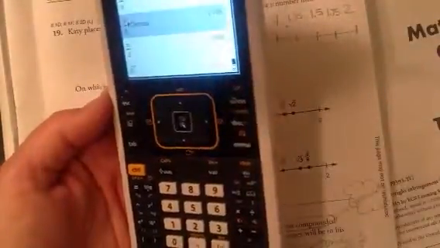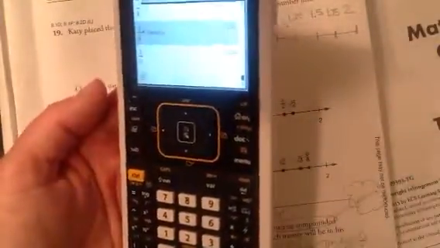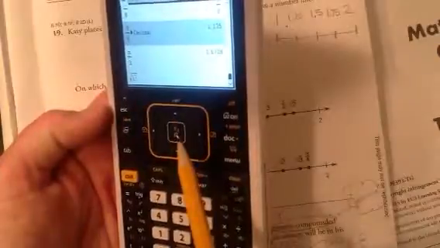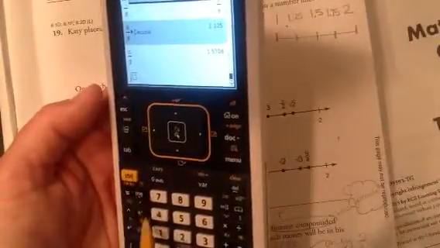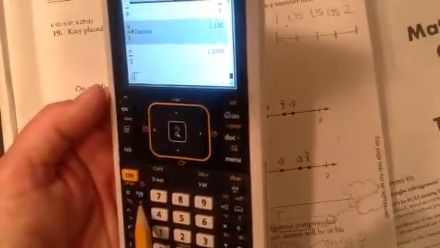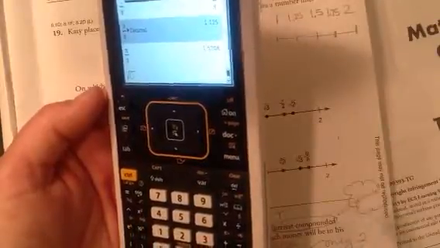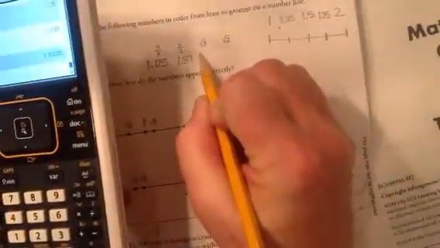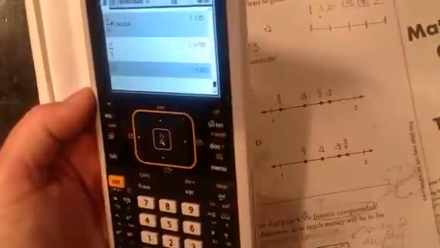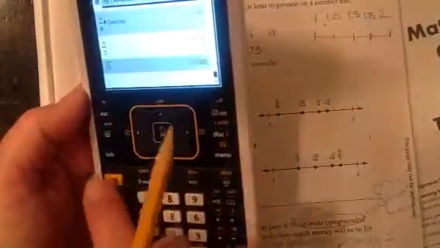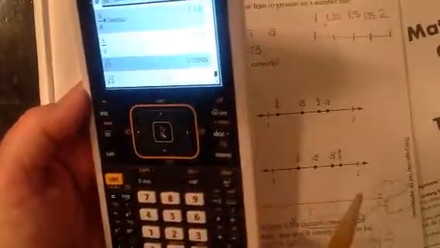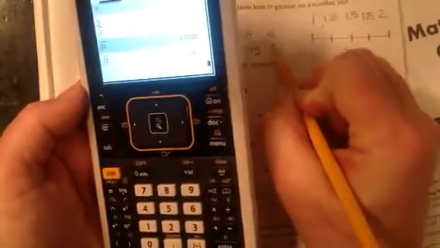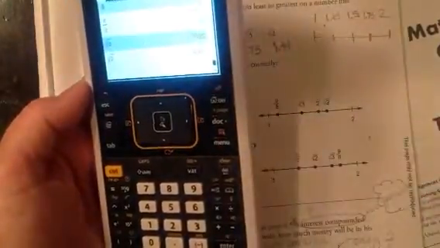When you're squaring a number, you put the number first, but when you're finding the square root, you put the root sign first and then the number. For the number 3, that's 1 and 73. I'm not going to write out that entire number because my numbers aren't that close. And for the square root of 2, I get 1 and 41/100.